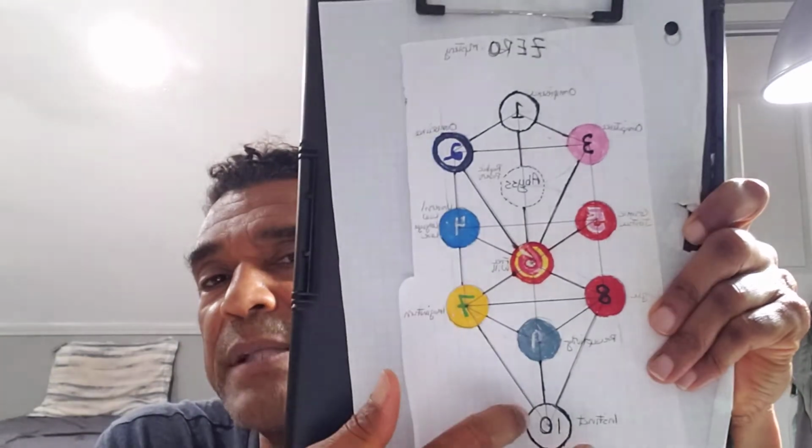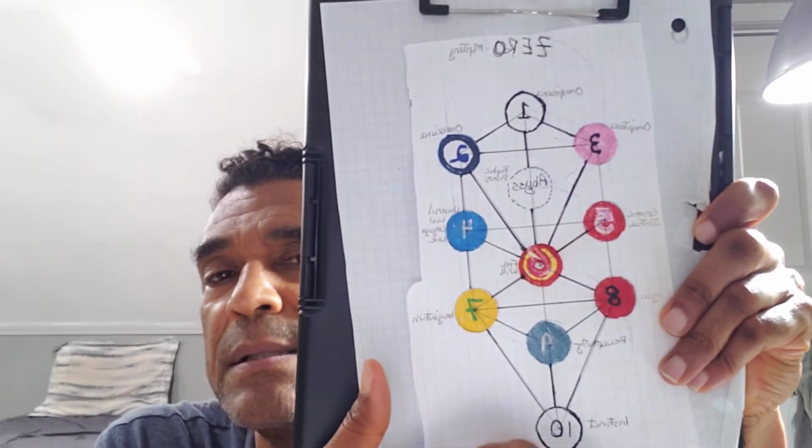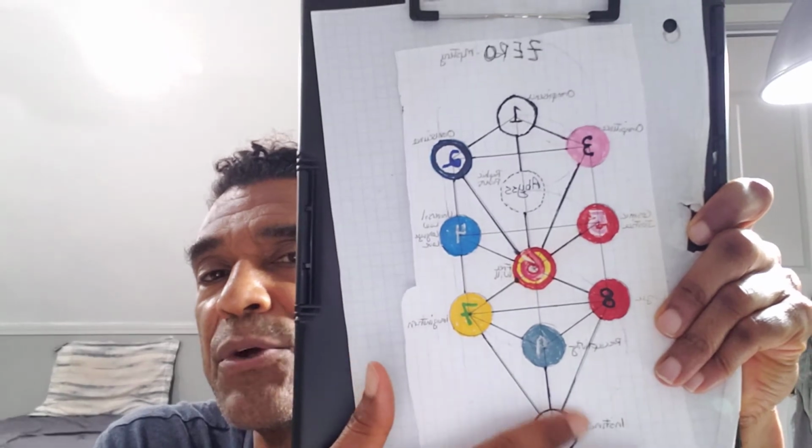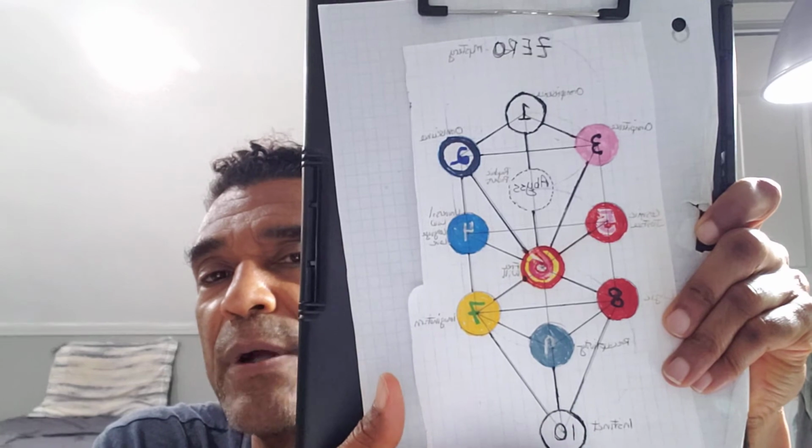For example, the 10th sphere is all about our survival, our instinct. This is our wild animal consciousness, kill or be killed, the state of nature, the law of the jungle, the life force.